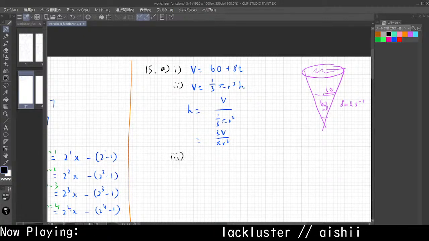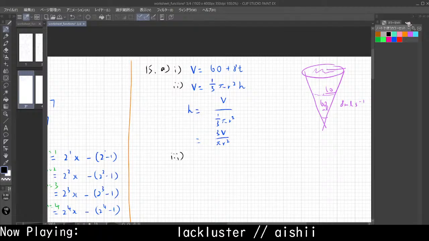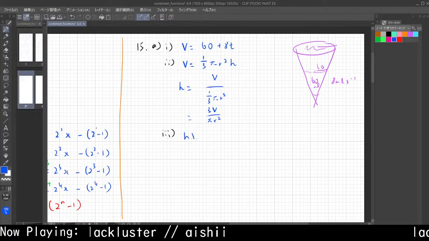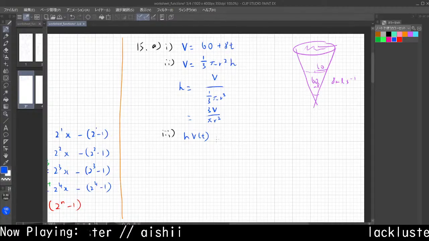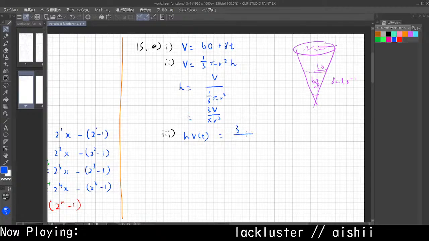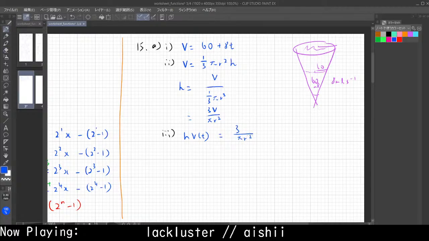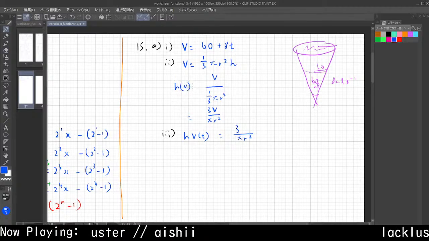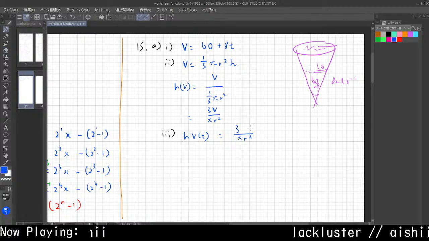Question 3. The composite function H(V(t)). So H(V(t)) is 3 over pi r squared, and then your V is, if you want to be pedantic, you can write H(V), because you are replacing V in this case.